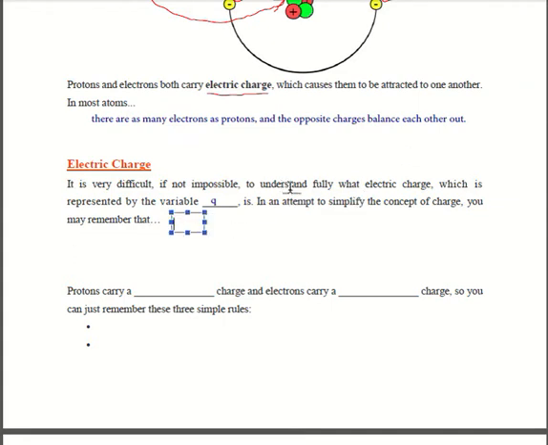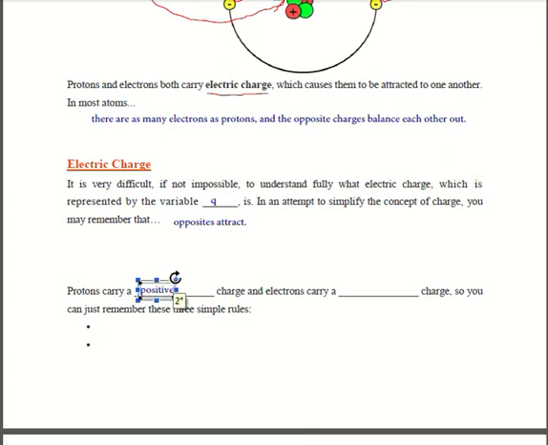So the simplest way to think about charge is just to say that opposites attract, something that you've probably been saying since before you were even able to come to school. Protons just have a charge, and just by convention we call it positive.